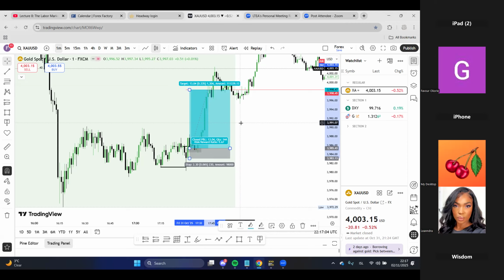And once you see it, that tells you price has changed from sell side curve to buy side curve or buy side curve to sell side curve. Change in the state of delivery. So price wants to deliver to the other side. This is just a 15 minutes candle trading.